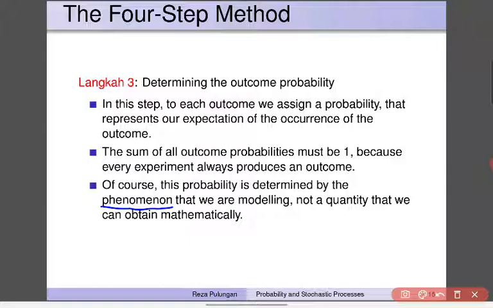Now if we look back again to our assumption, if you are careful, you have seen that in our assumption, we always talk about uniformly. Uniformly means with the same probability.